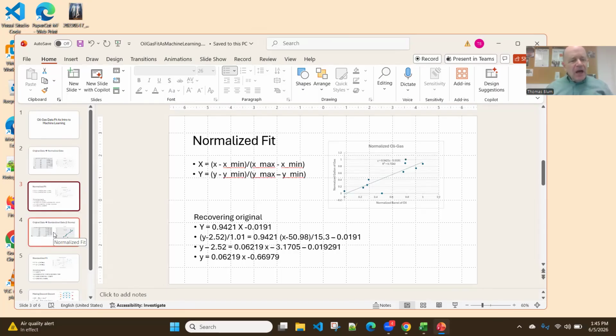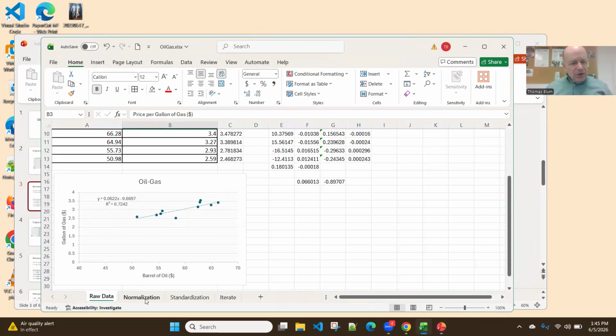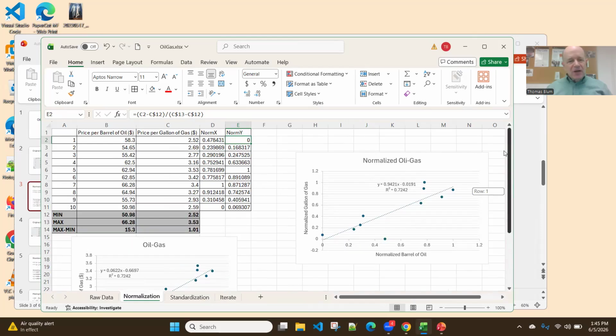So here's the original X and Y. I found the minimum and the maximum and the range, and I am normalizing my X and Y data.